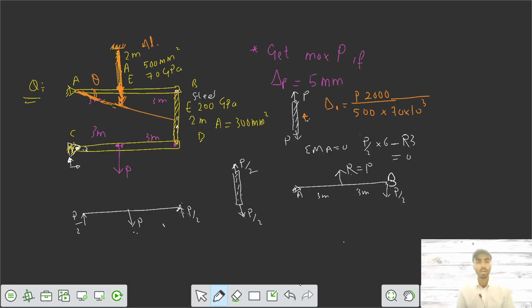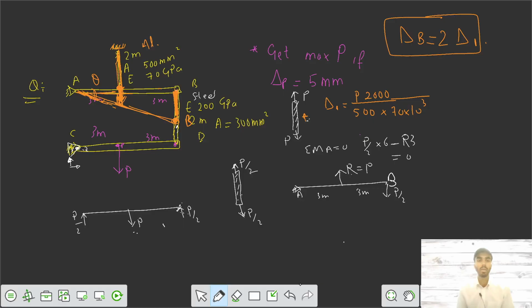And to maintain the straight continuity, point B has to be shifted to this point. So this one is displacement at B. From the similar triangles, we can say if this is delta 1, delta B has to be equal to twice delta 1. For 3 meter you got delta 1, and for 6 meter you get twice delta 1. So till now we got the displacement of delta B.